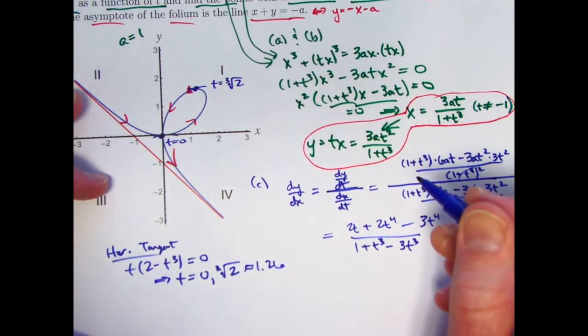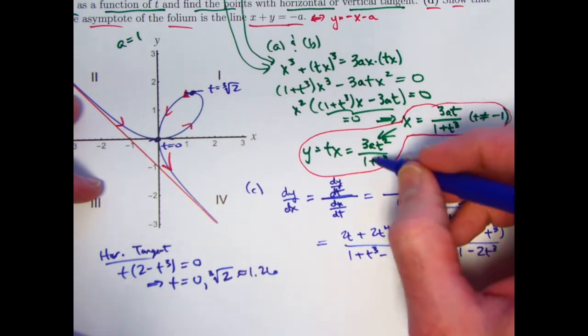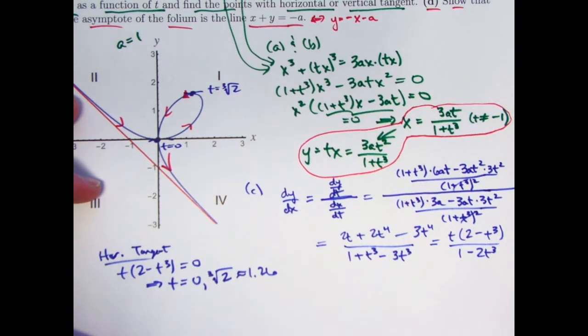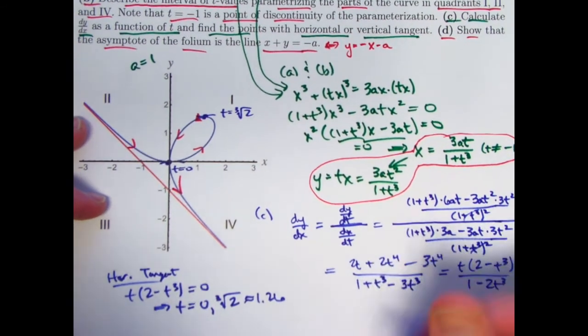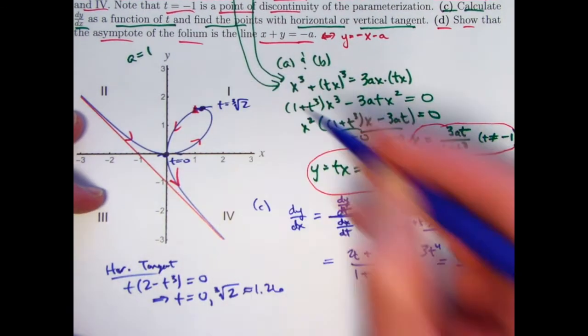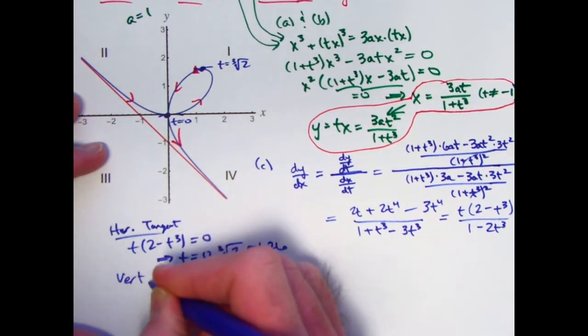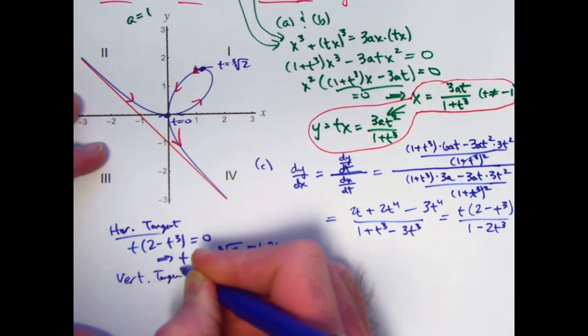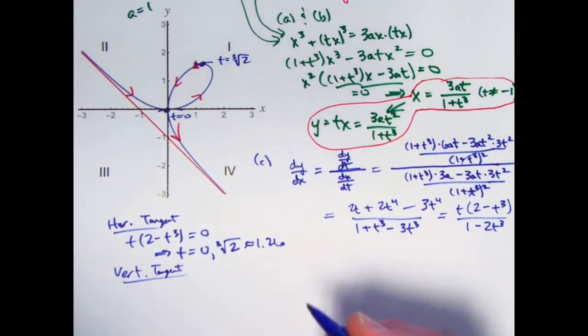To find the x and y coordinates, which I will not bother doing, you could plug t equals the cube root of 2 into here and here. You get it in terms of a. When a is 1, you could plug in a equals 1 as well to find the particular coordinates. I won't take the time to do that. And you're going to have a vertical tangent. By the way, my students, if I assign this problem, you should do that.